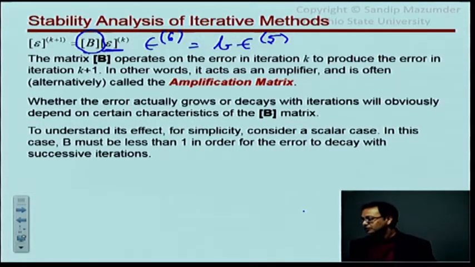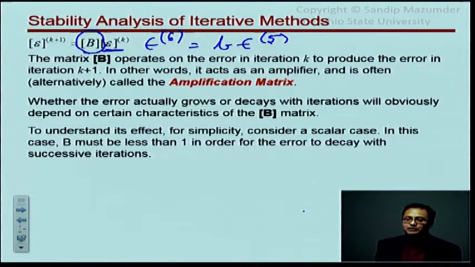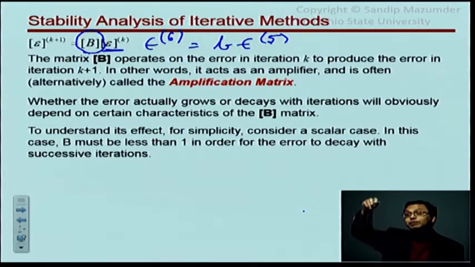Now, it's pretty obvious that b has to be less than 1 for the error to die. Otherwise, if you do n iterations, epsilon at n is equal to b to the power n times epsilon at 1.